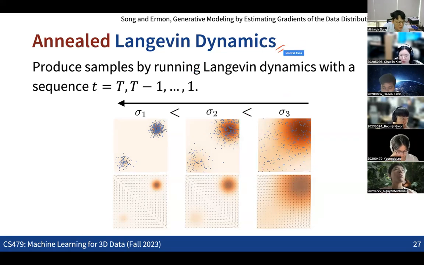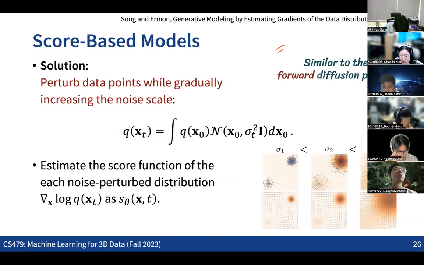And you can see that the idea of gradually perturbing all the data points while controlling the scale of the noise is exactly the same as the diffusion process. Also, we don't need to add all the noise in a sequential way.